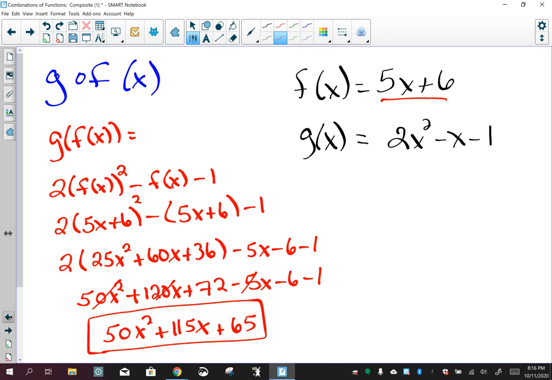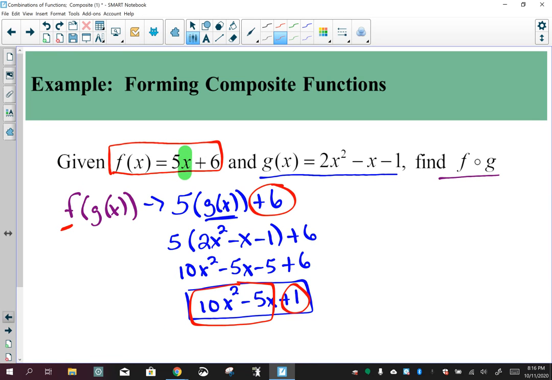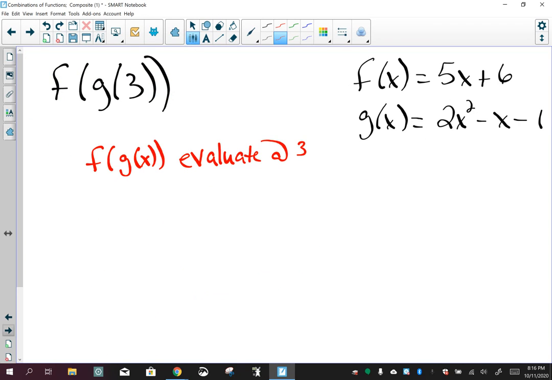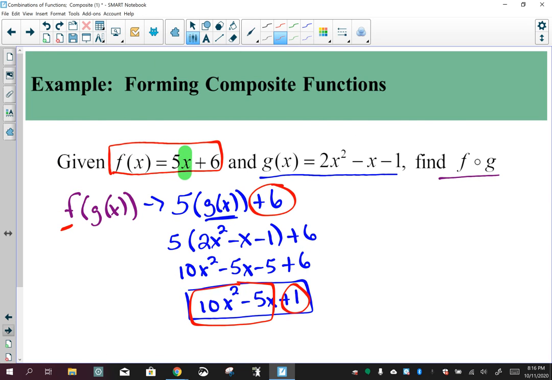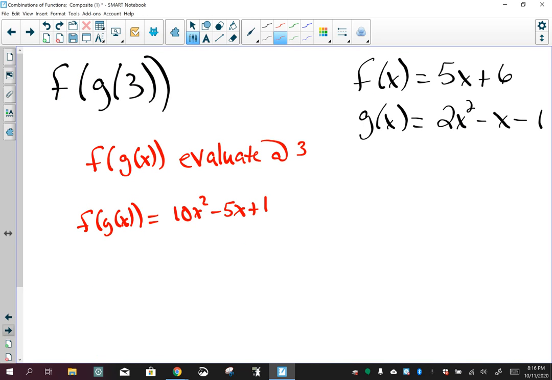Okay, so my f of g of x was this guy right here, 10x squared minus 5x plus 1. Let me make sure. Yes, plus 1. And so now I want to evaluate this at 3.